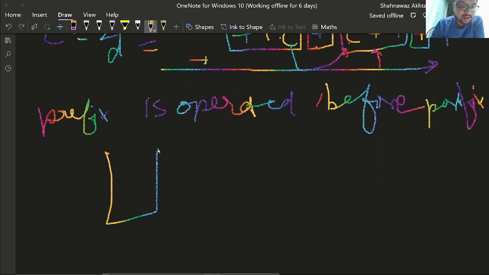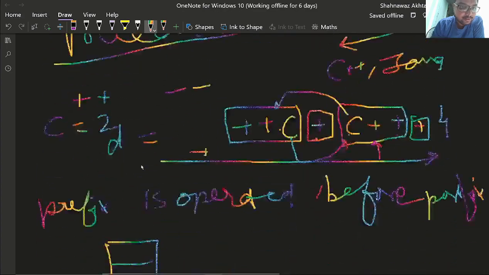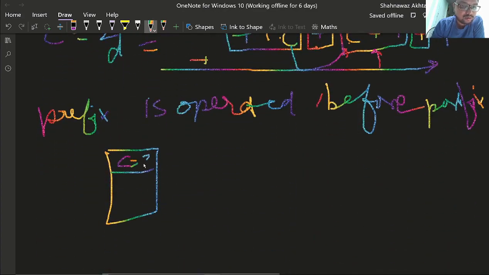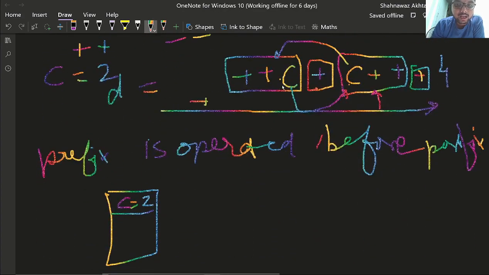So draw this memory chunk. C, define c is equal to 2. Then it says that I will first increase the value in the memory and then use this value in the expression. So it will be 3. Now there is 5, there is a plus symbol and there is 3. Now this c will use what memory is assigned to it.